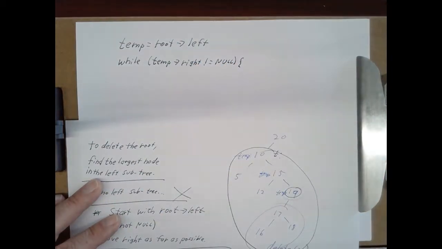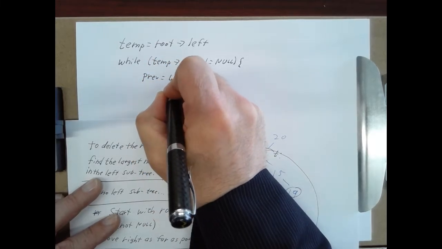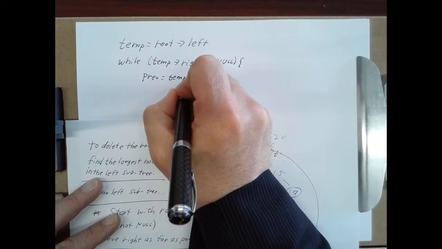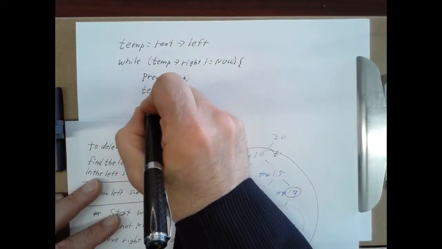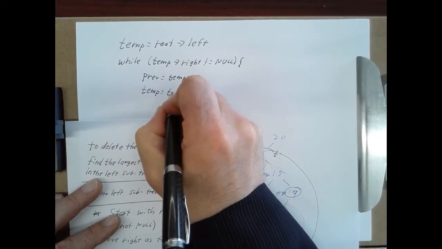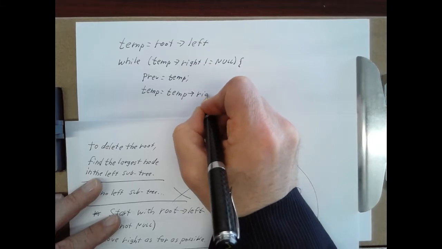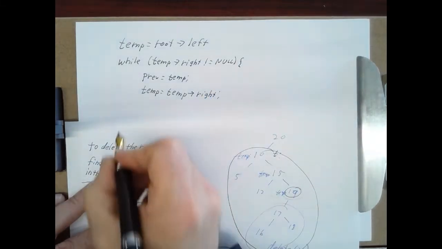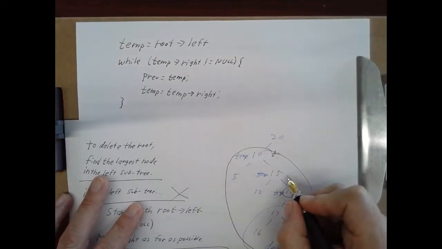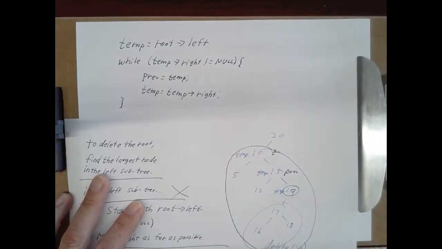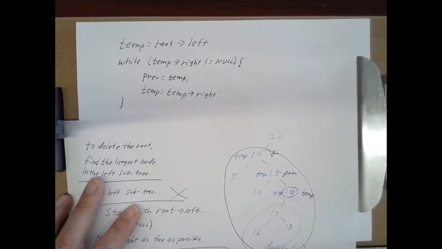So while the right child is not null, save the current node in previous, move down to the right. And then when we're done, what we should have is previous was the node that we came from. Temp is the largest node.